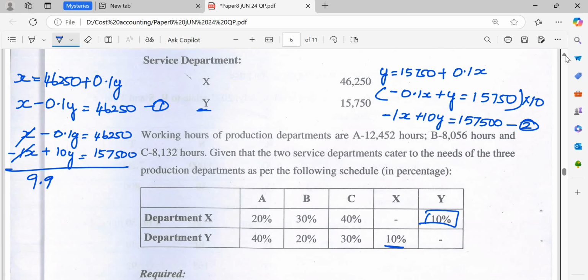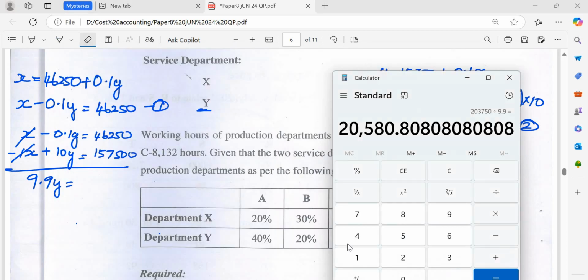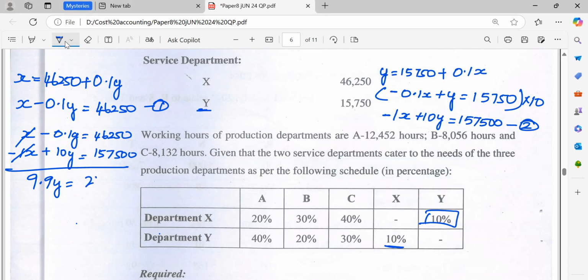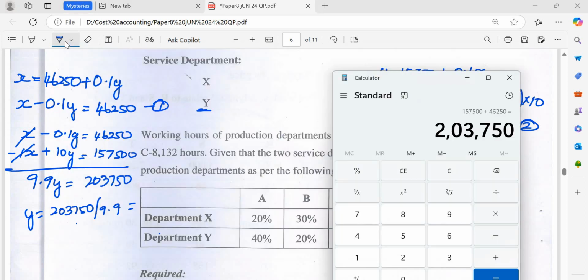So 9.9Y is equal to, if I am adding 1,57,500 plus 46,250, I will be getting 2,03,750. So Y is equal to 2,03,750 divided by 9.9. So I will be getting Y as 2581.